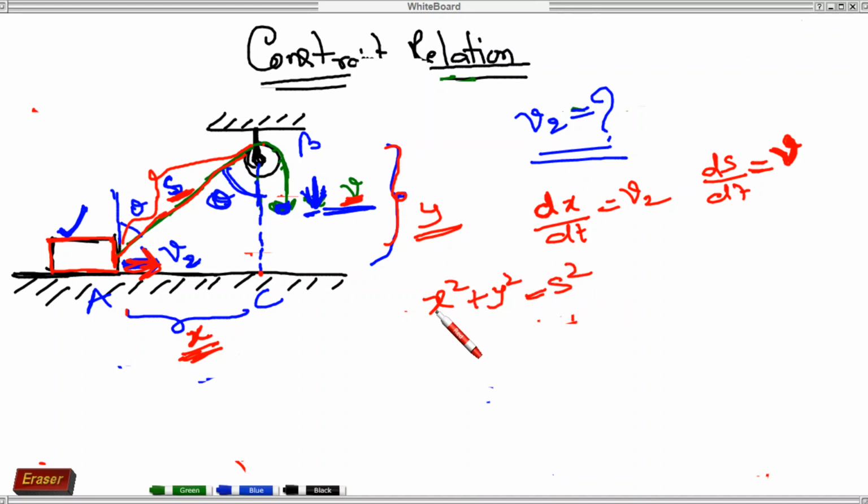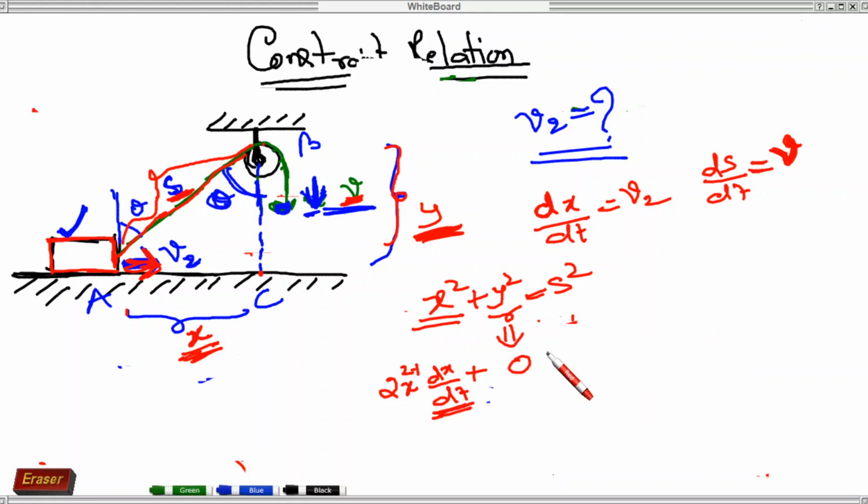Differentiate it. I told you y is constant, and in case of differentiating a constant, it will become 0. Here the differentiation would be 2x raised to the power 2 minus 1, dx over dt. Here we are differentiating with respect to time.